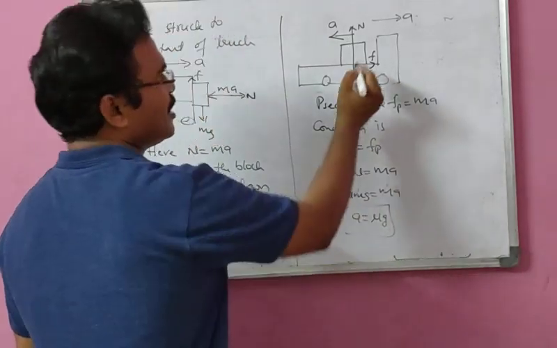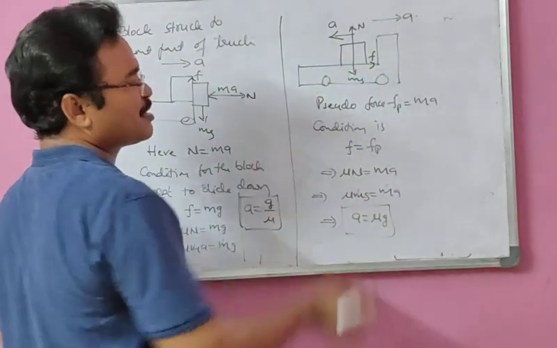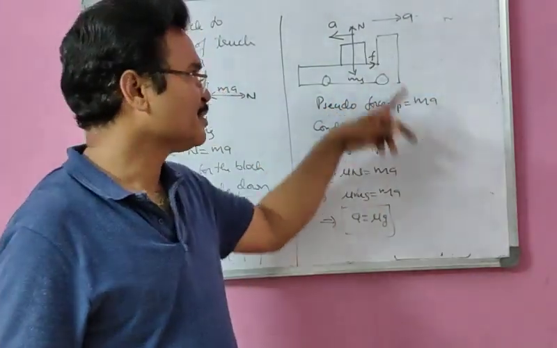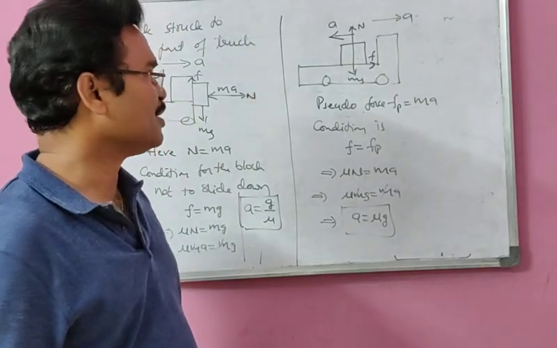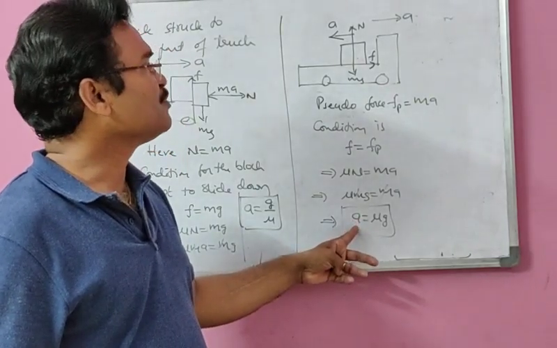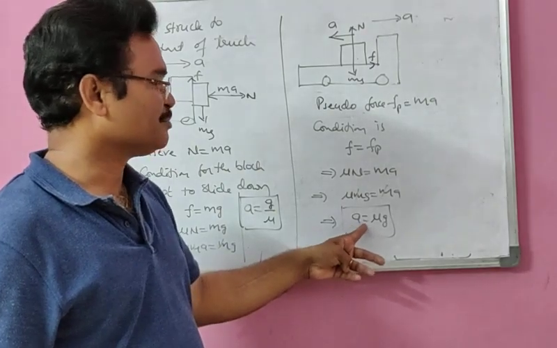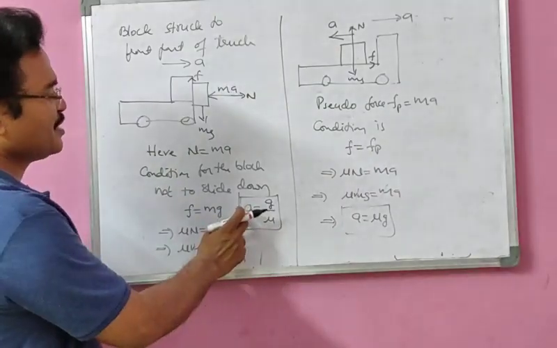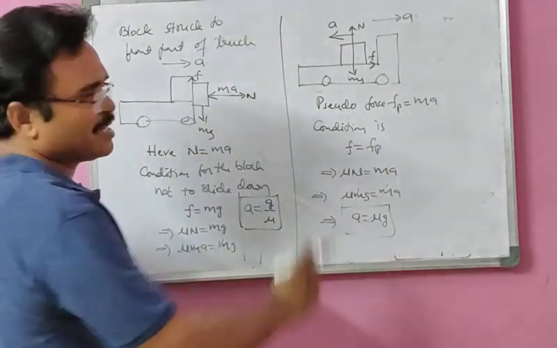That means this block will not slide off from the back of this truck provided the truck moves with acceleration a. This is the minimum acceleration. Here also, this is the minimum acceleration required.